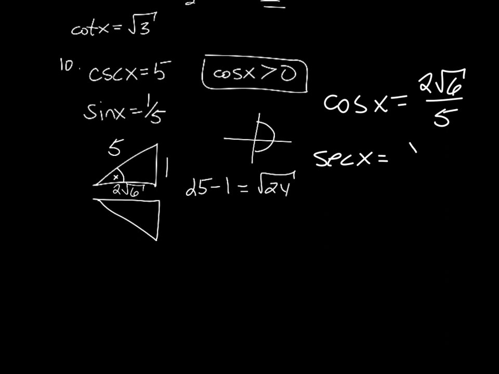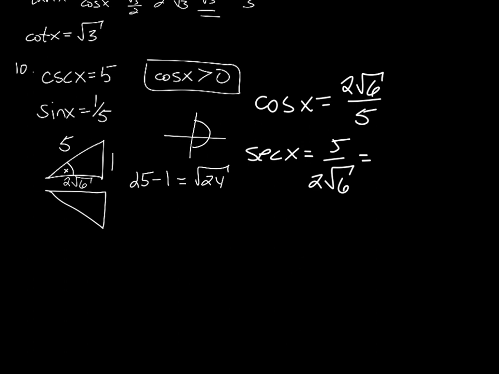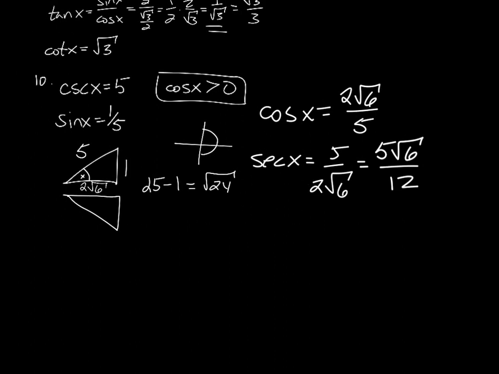So I'm gonna just write it out. I think that sounded right. So that's the reciprocal of cosine. Multiply top and bottom by square root of 6. Can we do tangent and cotangent? Yes. Tangent is, which one is tangent?